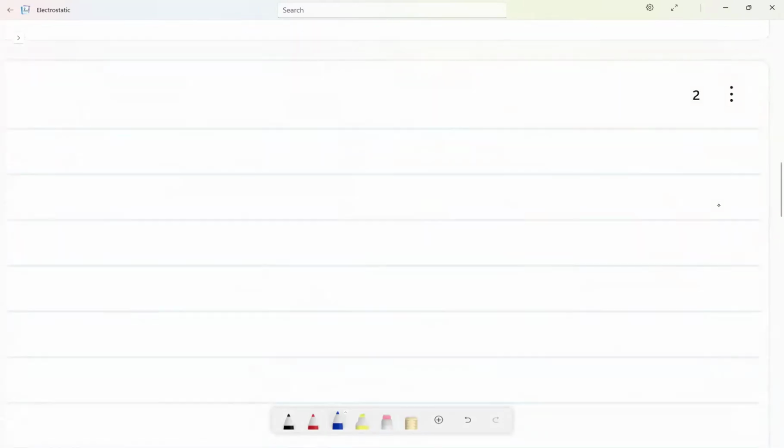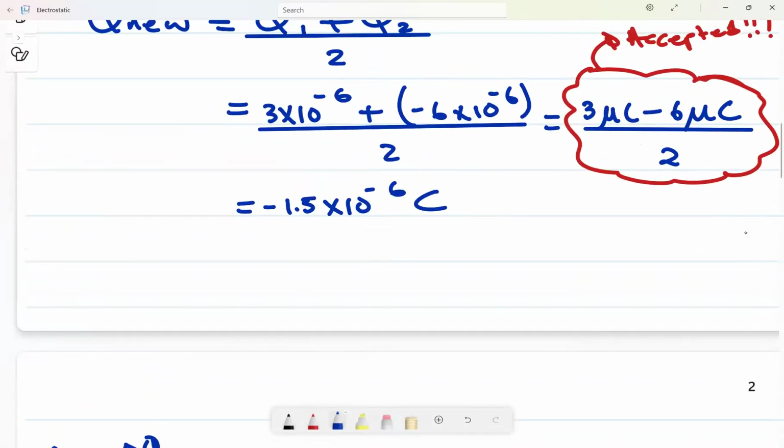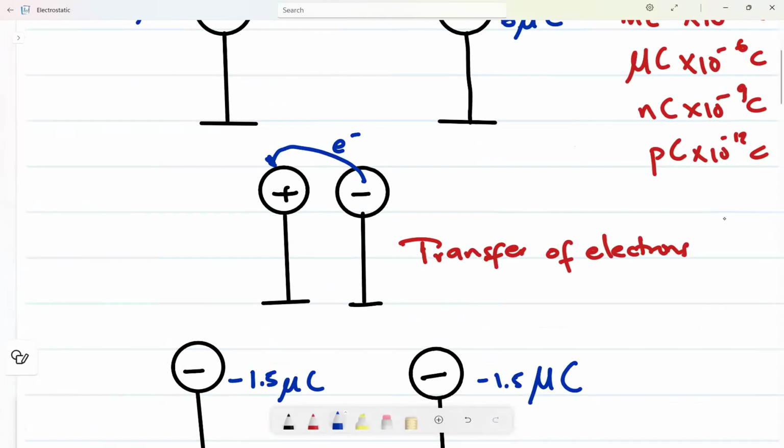On the number of electrons transferred, you're going to say, okay, how can we find the number of electrons transferred? Number of electrons transferred is equal to change in Q divided by the charge of an electron. Now we need to know the change in the charge first.